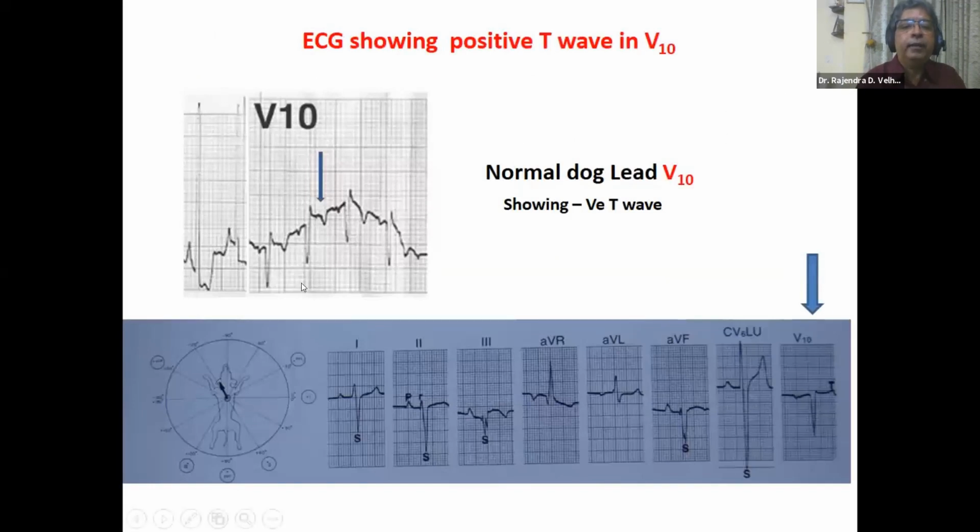Here you can see this is a recording of lead V10, and you can see the T wave as negative. So this is a normal feature in all dogs except Chihuahua. But if you observe a positive T wave in lead V10, it is suggestive of right ventricular enlargement.